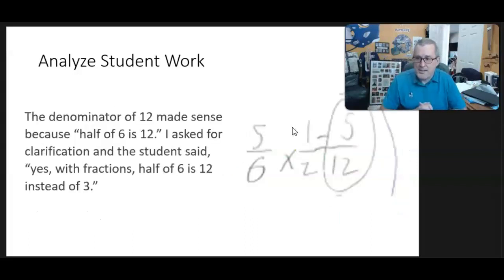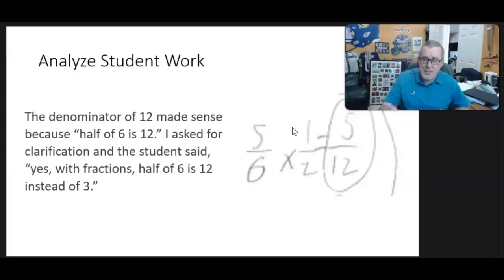One student did this. They said, well, with fractions, you have to flip the fraction. There is a time that you would do a reciprocal, but not in this case. So they took the 6/5 and made it 5/6. And then they said times a half. And they said this. If you look at the denominator, they said half of 6 is 12.